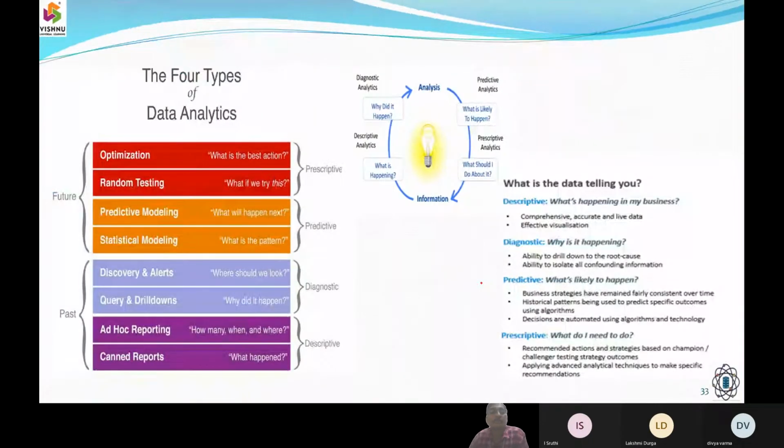This is where we use the four phases of data analytics. One, prescriptive; two, predictive; three, diagnostic; fourth, ad hoc.